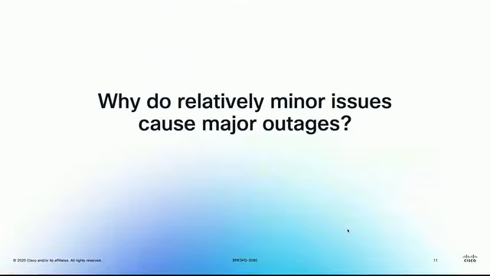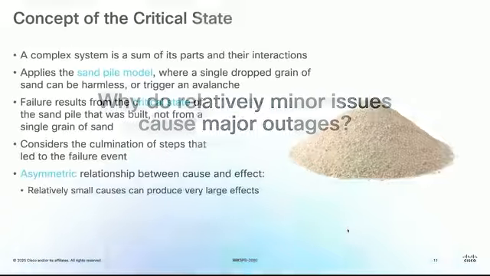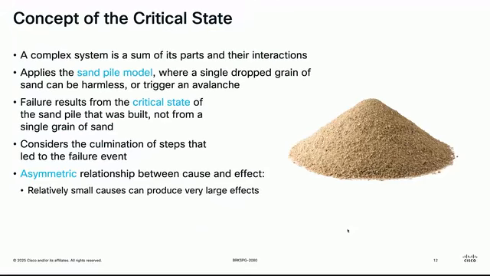And so how is it that a relatively minor issue could become a major outage? Well, that's because of this concept called the critical state. Okay? The critical state is when a complex system, such as a network, is operating at a tipping point, and any minor disruption or issue could trigger a system-wide failure. Okay?